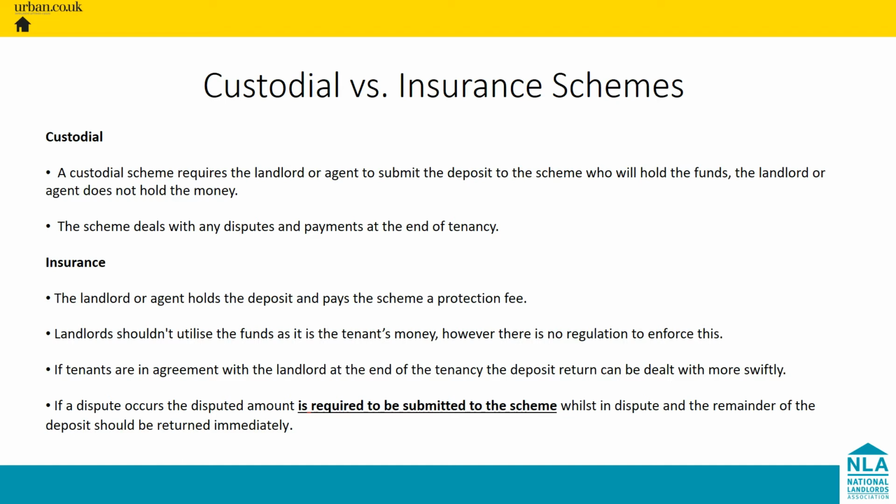Right. So the schemes are only dealing with the dispute. So in terms of the difference of control of funds, if there is a dispute, you still have to give the cash over to the scheme. So it's not like you can just say, well, my decision is to keep it. I don't agree. You still have to submit those funds.